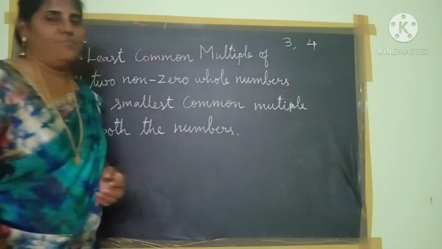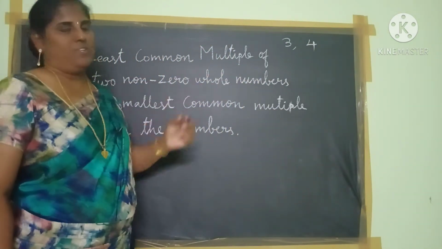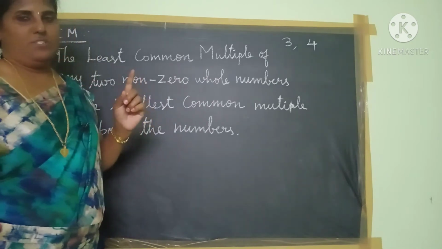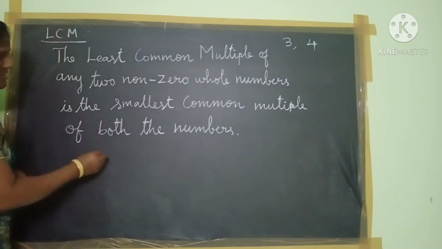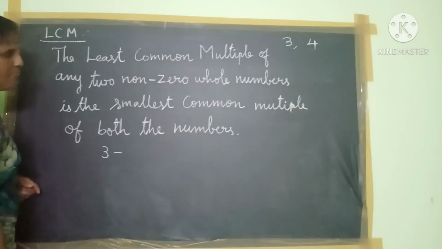So what is step 1? First, list out the table of 3.